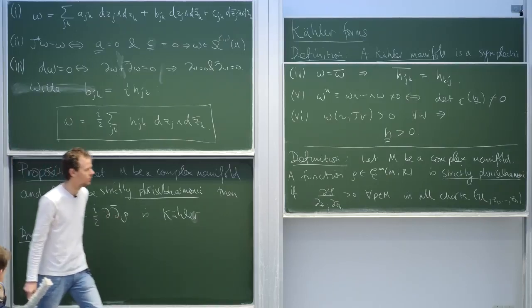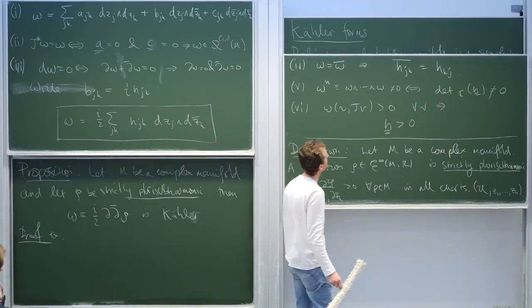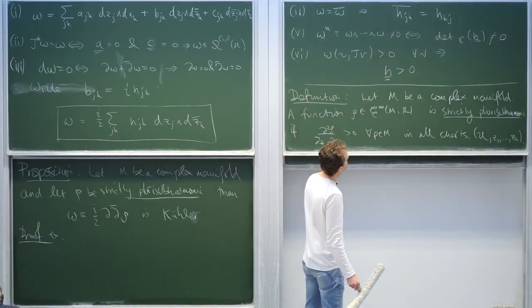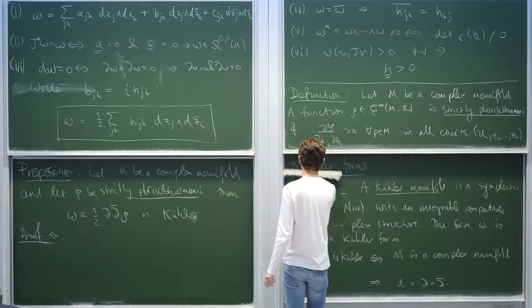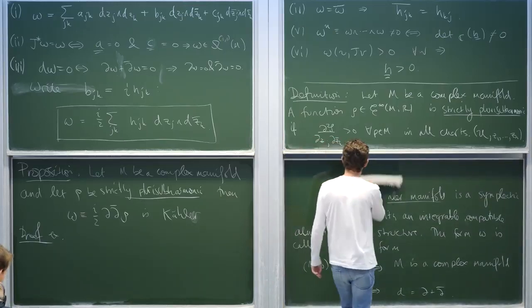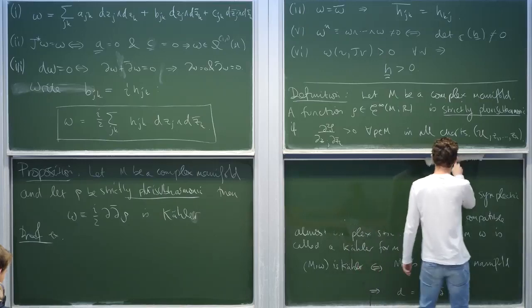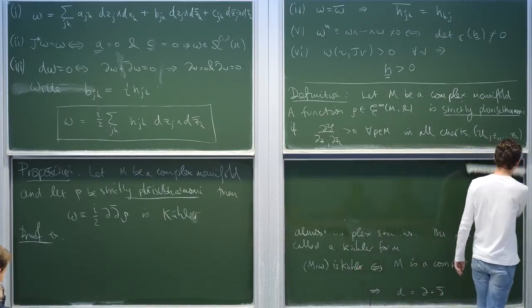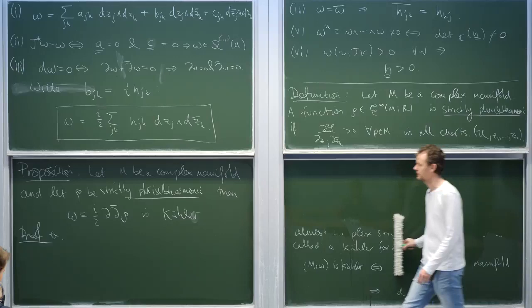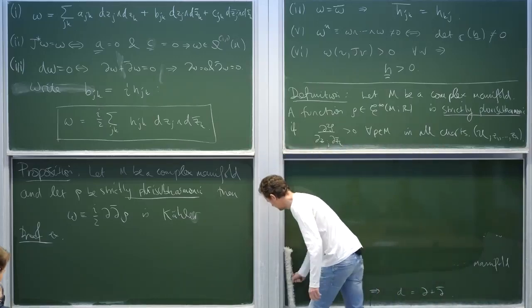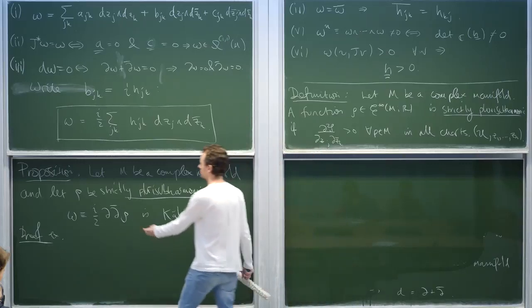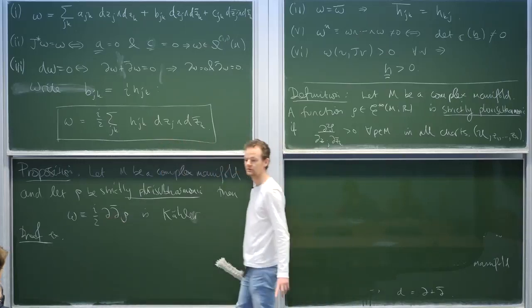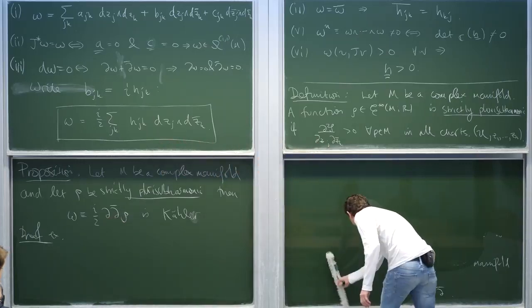So that can work. There's actually a converse theorem. It says every Kähler form can be written locally in coordinates like delta bar of some function.